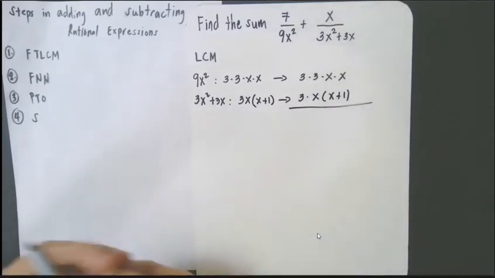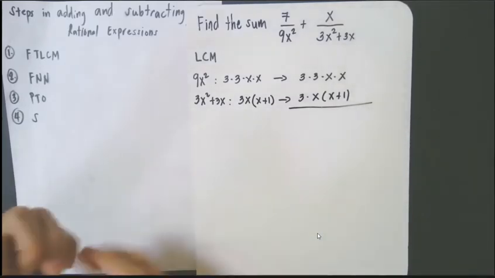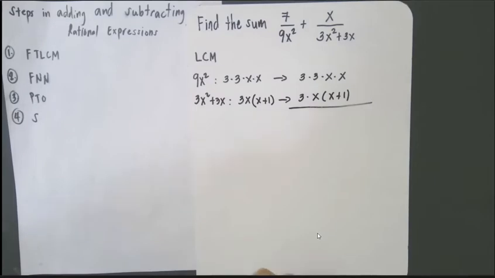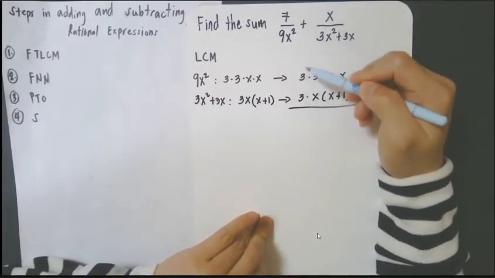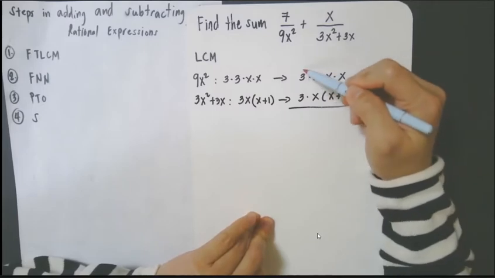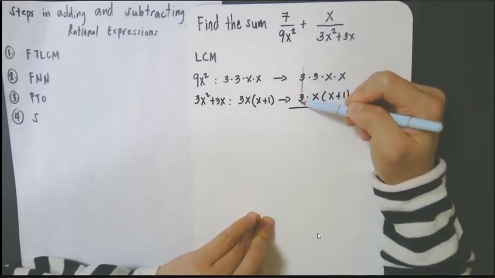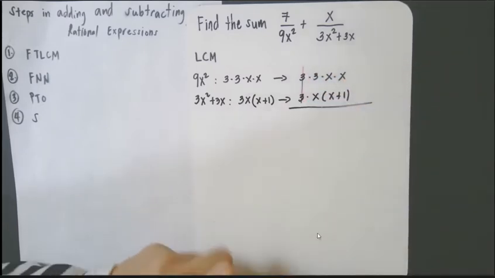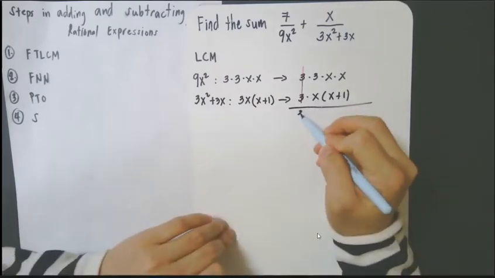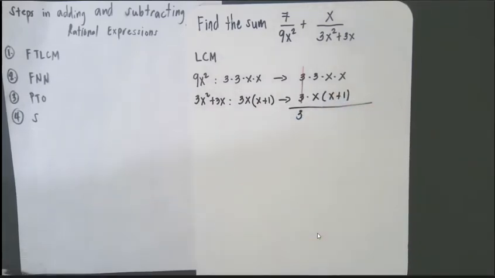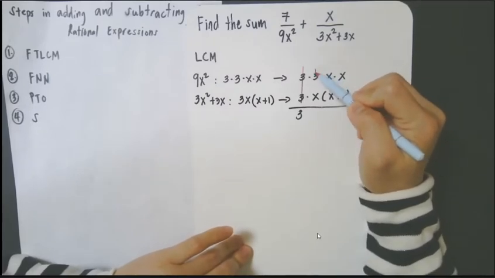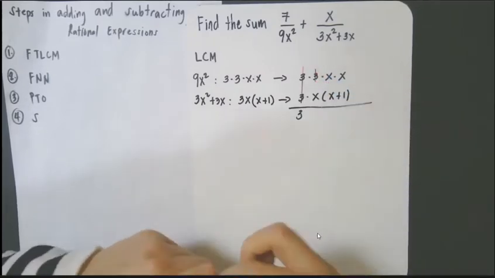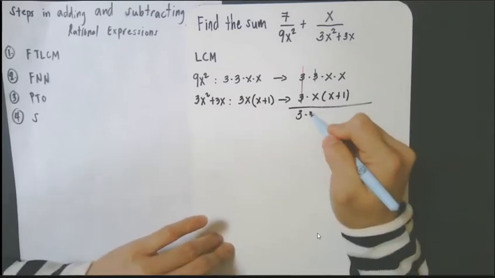Now let's do the barbecue method. Remember, when doing the barbecue method, we can place a single vertical line if they have a common factor. So we can write a vertical line over here on the 3 and write it down here. Also this 3 here, you can put a vertical line on it and put it down here.